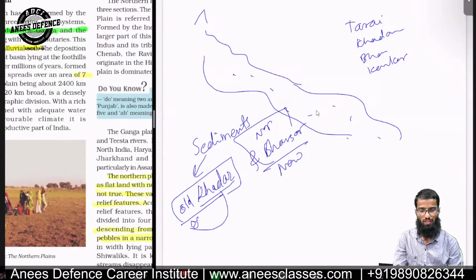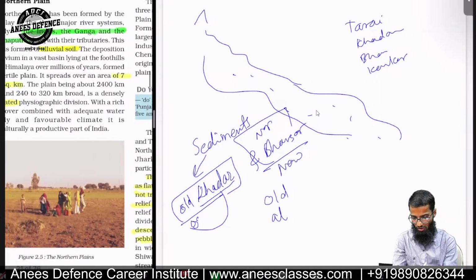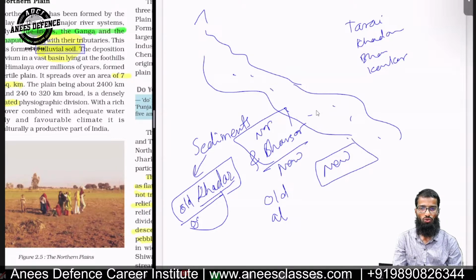You have two types of soils. I am talking about alluvial because I do have the reference of alluvial soil right here. So alluvial soil is of two types, old and new. So old is called what and new is what? Tell me.